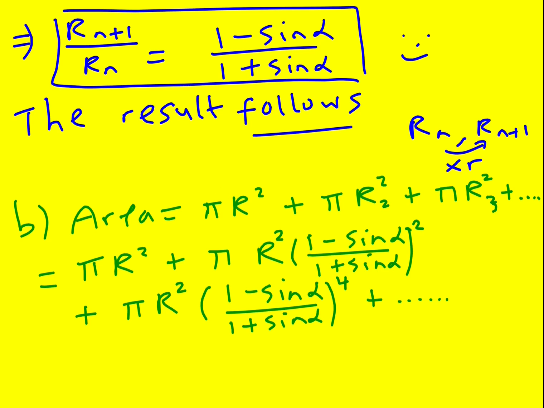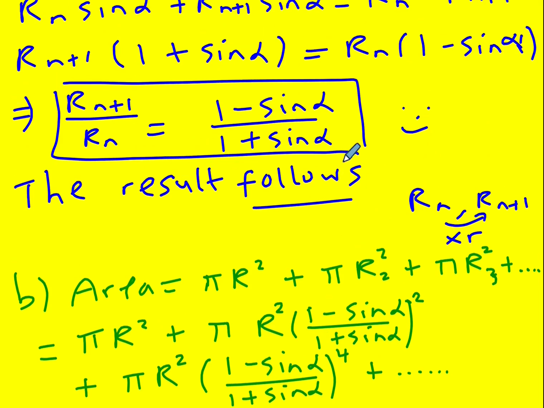So be really careful. Even though it forms a series, I just want to write the series down. That would help. So the series was r, and then r times this fraction. I'm just going to call it 1 minus s and 1 plus s. And the next one is going to be r, 1 minus s over 1 plus s all squared. Now remember, we're not actually interested in that sequence, we're interested in the square of the sequence.